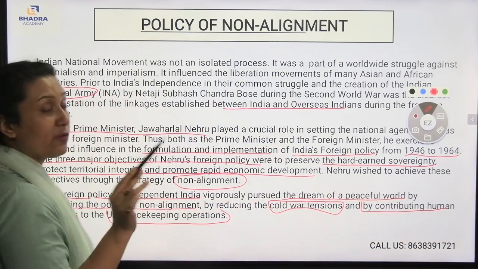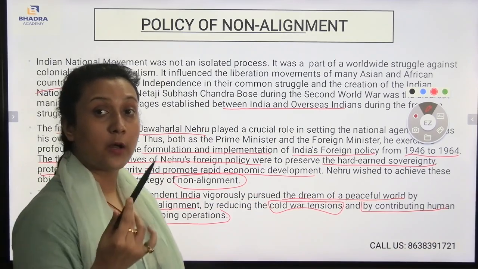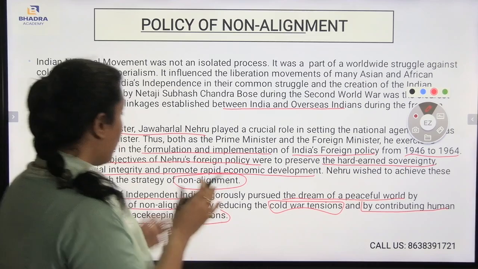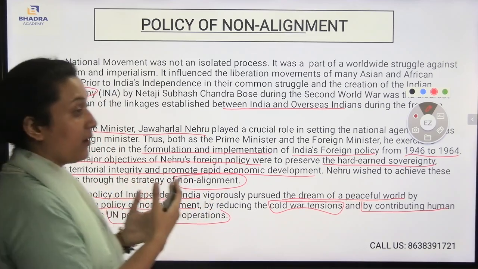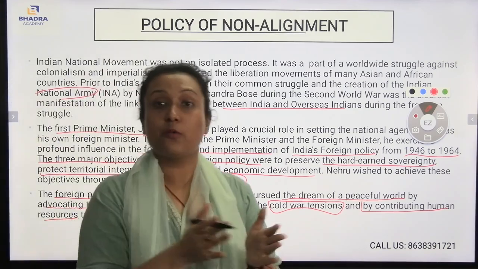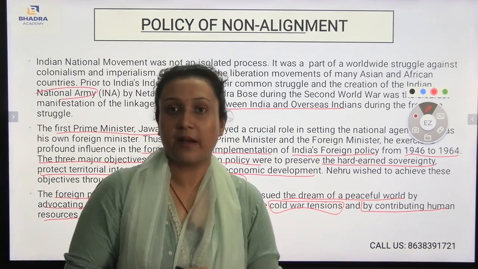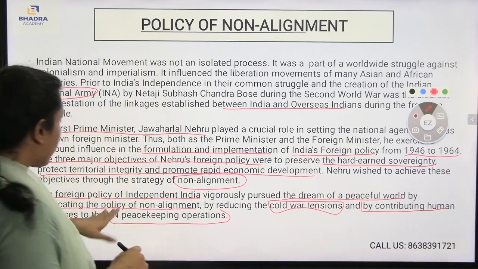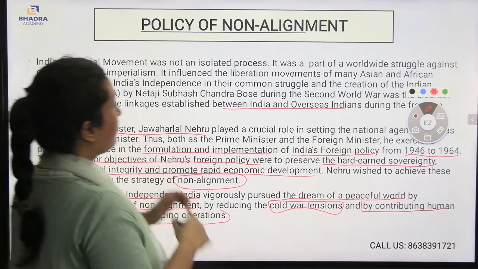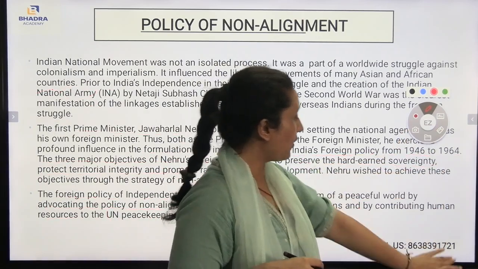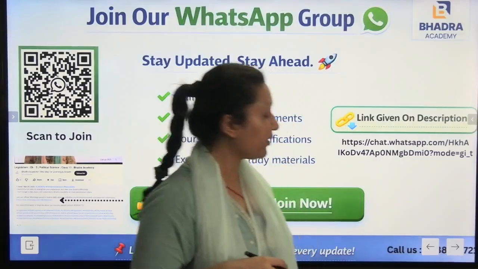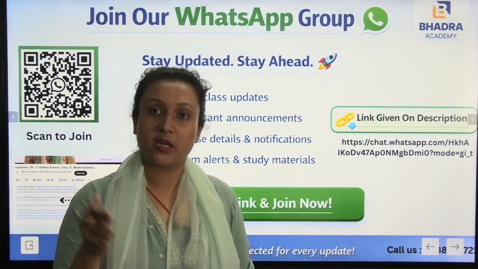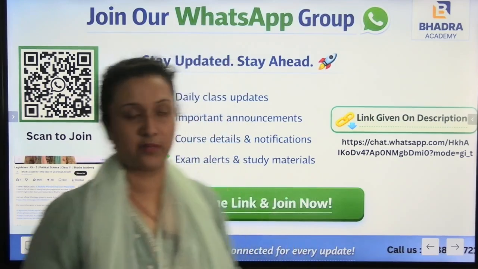You see how important foreign policy was during that time, so that peace could be maintained in our country. I hope you have understood the policy of non-alignment. The policy of non-alignment was first inaugurated by Jawaharlal Nehru himself.